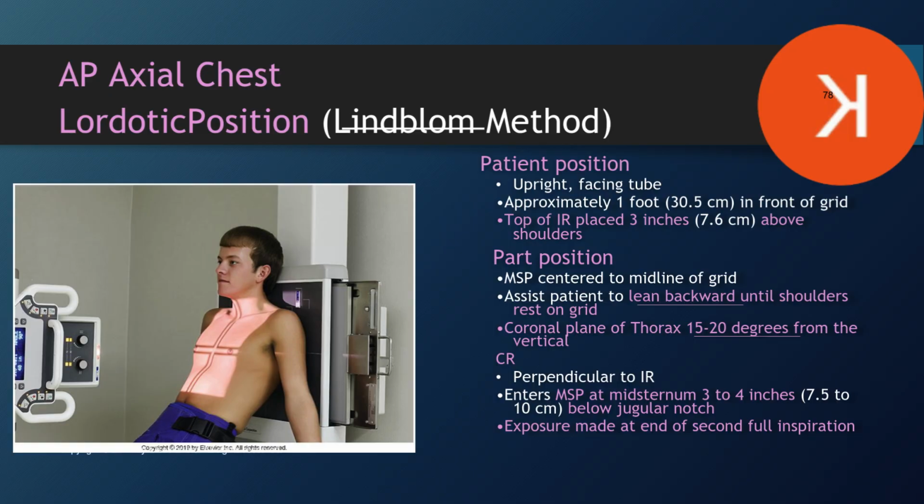Assist the patient to lean backwards until shoulders rest on the grid. Coronal plane of thorax is 15 to 20 degrees from the vertical board. CR or central ray is perpendicular to the IR or image receptor. It enters the mid-sagittal plane at mid-sternum, 3 to 4 inches or 7.5 to 10 centimeters below the jugular notch. Exposure is made at the end of the second full inspiration.